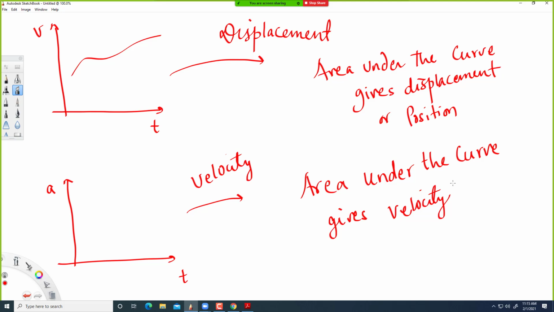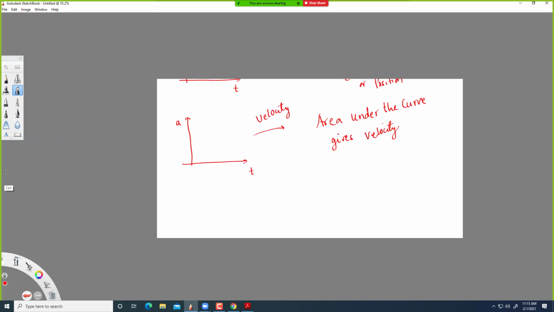So for 9, you need to find the area under that line from 0 to 3 seconds. What's the area under that line from 0 to 3 seconds? What's the area of a triangle?